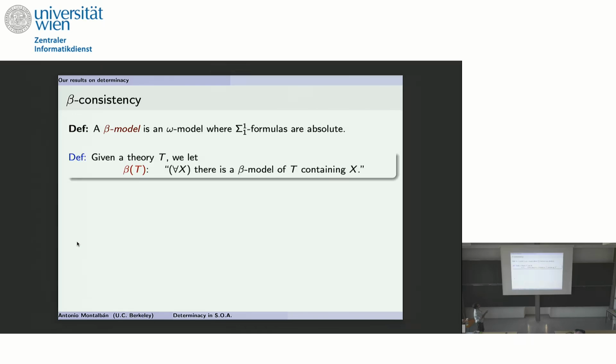Given a theory T, we can write the statement β(T), which says there exists a beta model of T. The better boldface version is: for every real X, there is a beta model of T containing X. This is stronger than saying T is consistent; it says there is a model with these particularities.